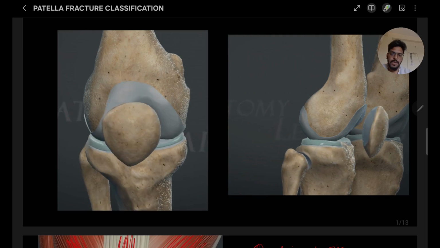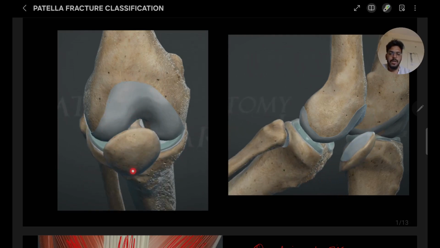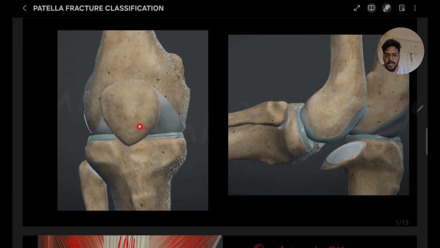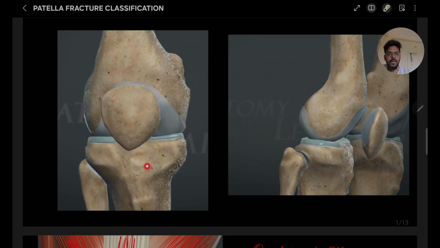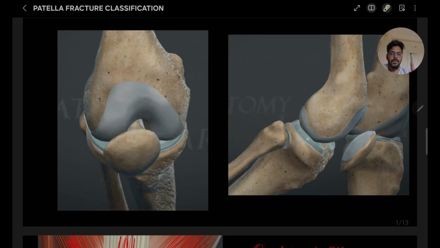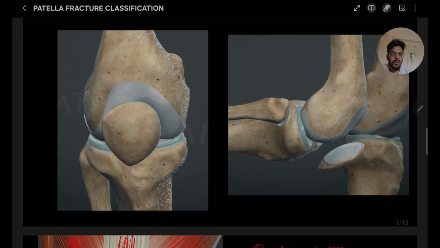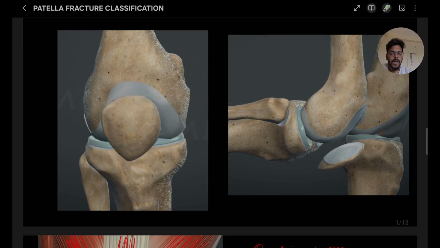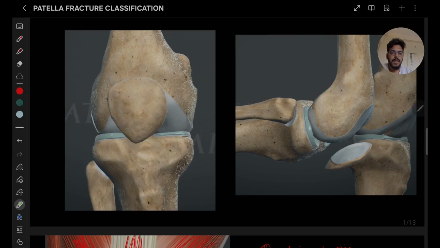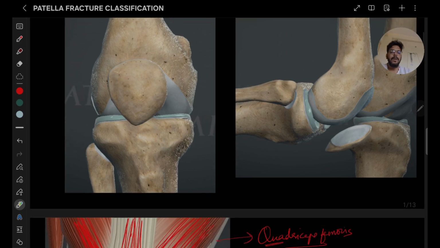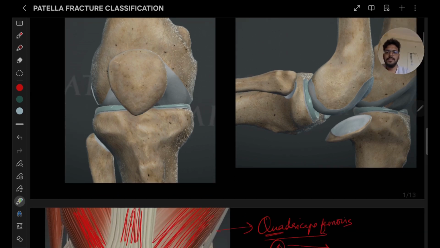The quadriceps muscle and the tendon, the patella and the patellar ligament, muscle, tendon, bone and the ligament combined are called the extensor mechanism.